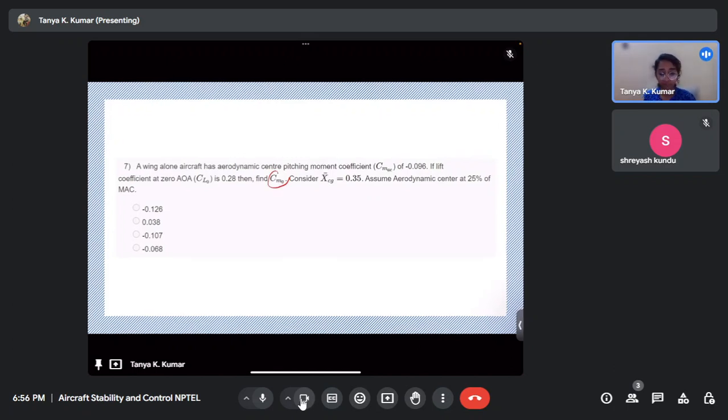Now let's try doing this. The equation was Cm is Cm naught plus Cm alpha into alpha. So just try doing this. We need to find out Cm naught with the terms that are given to you.